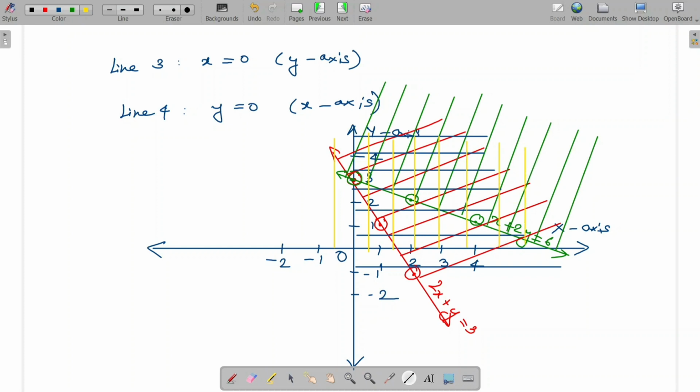Right, so if you look at the intersection of all these regions, we get this region. In this way you are getting an unbounded feasible region here, right?